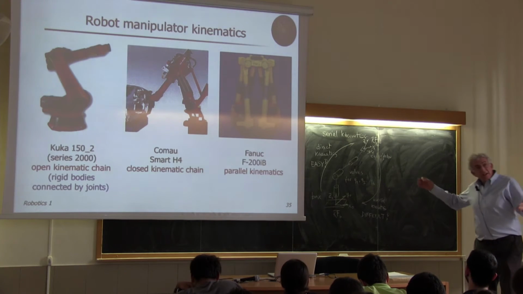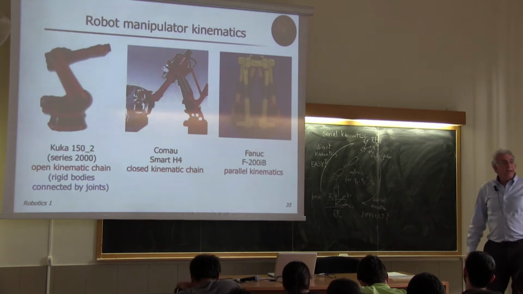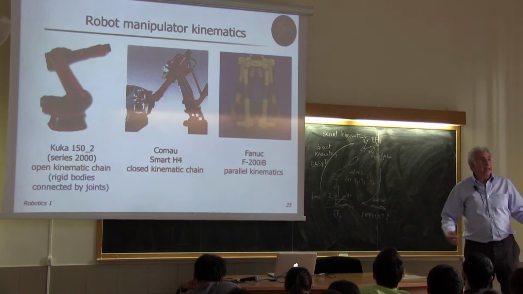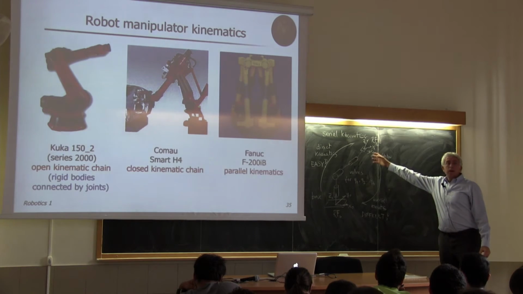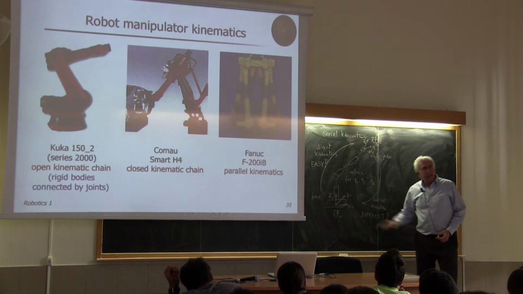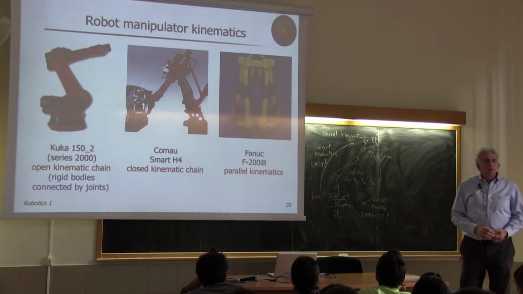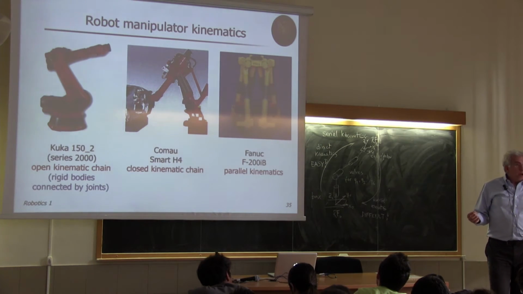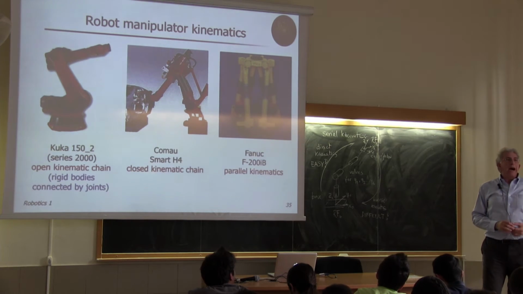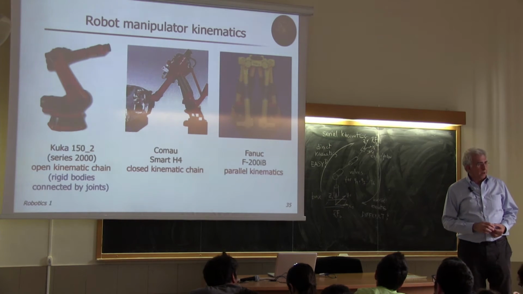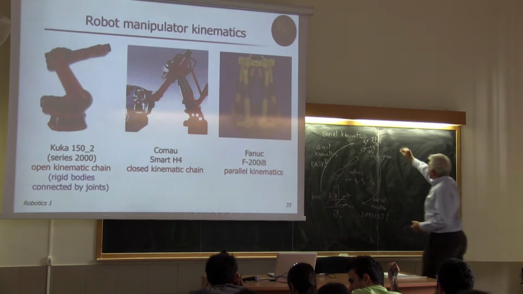Instead of having, let's say, 4 inverse kinematic solutions, we may have only 2 or only 1, or we may not have any if we have taken a position which is too far away from the base. Okay, so we will see how to solve when we can be assured that there is a solution, and when we don't know how to find this closed form solution, resort to some numerical algorithm for finding at least one inverse kinematic solution. Okay? And this is one side of the story.